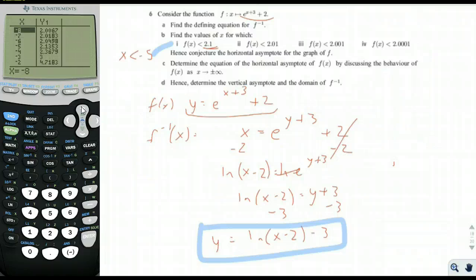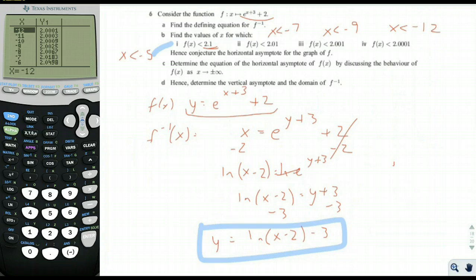That would be anything less than -7. So x is less than -7. What about less than 2.001? That would be something like x is less than -9. What about 2.0001? That would be like x is less than -12.